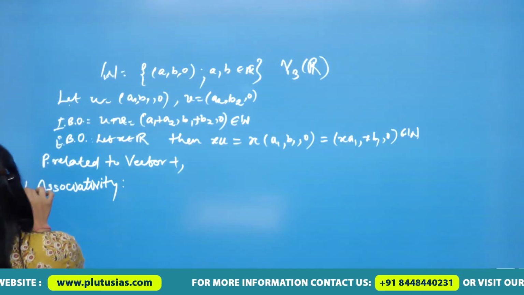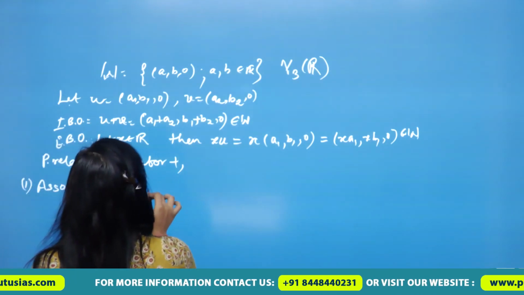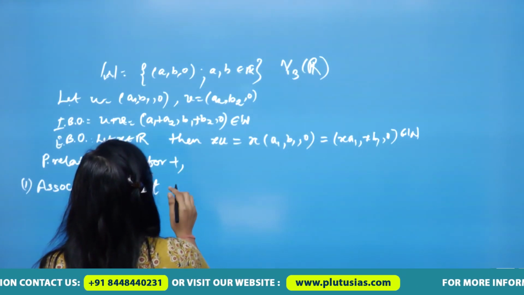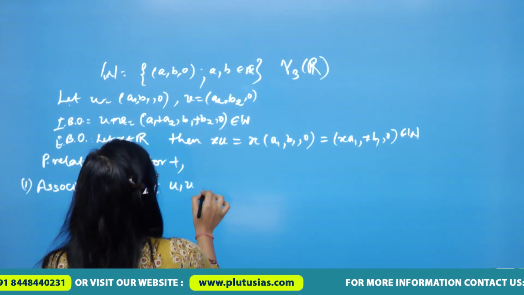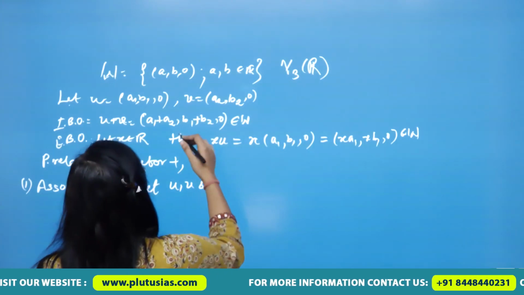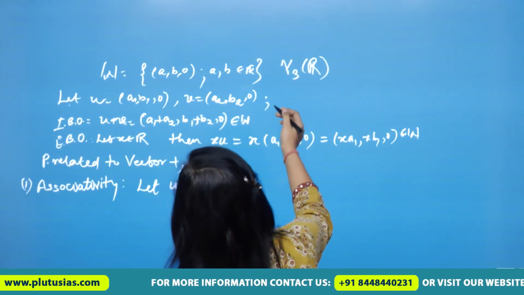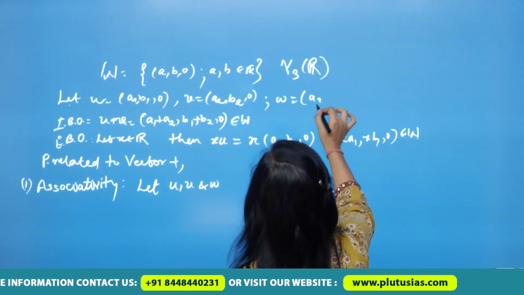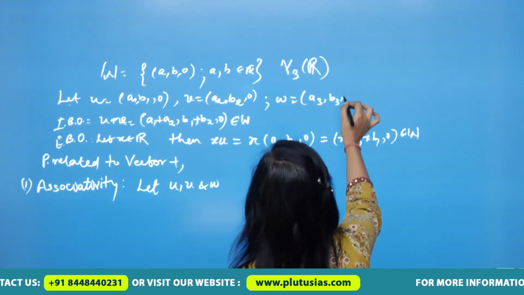First property, associativity. Let's take u, v and w, where w we define here only because we will need it in future also: (a3, b3, 0).